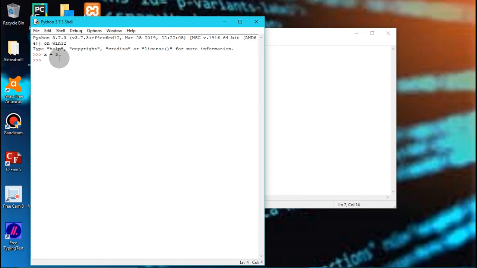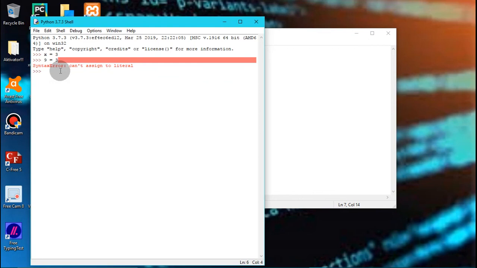Number one, a variable can be only one word, it can use only letters and underscore characters, and it can't begin with a number. So say I have 9 equals 3, you see I've got a syntax error, can't assign to literal. So a variable can't be a number.